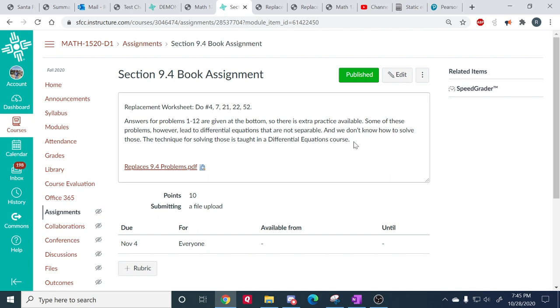So if you are doing ones besides 4 and 7 in the 1 through 12 for extra practice, and you get to one where you can't separate the variables, then just skip that, because we haven't gone over it yet. But it could still be very good practice even setting those up.